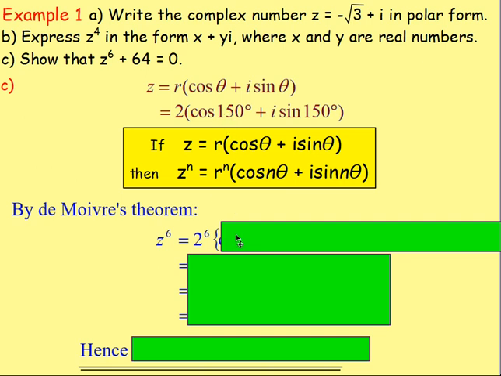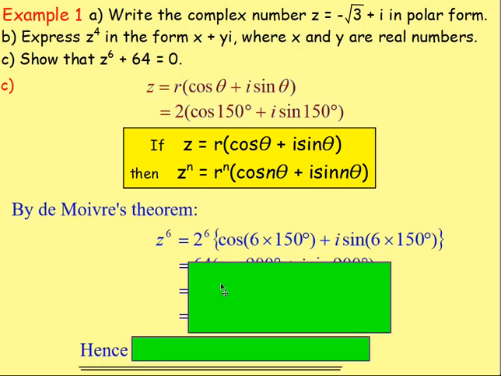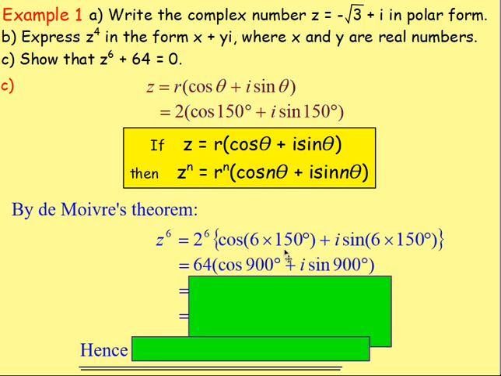So the argument's 150, so we're going to have cos of 6 times 150 plus i sine of 6 times 150 degrees. From there, we know 2 to the power of 6 is 64. And if you do 6 times 150, that gives you 900.